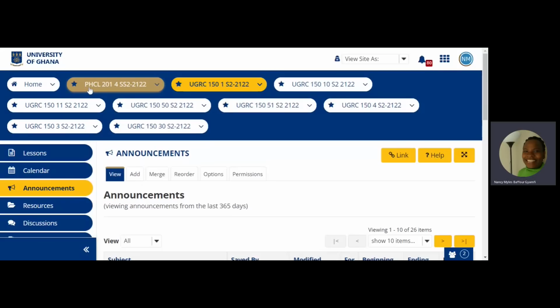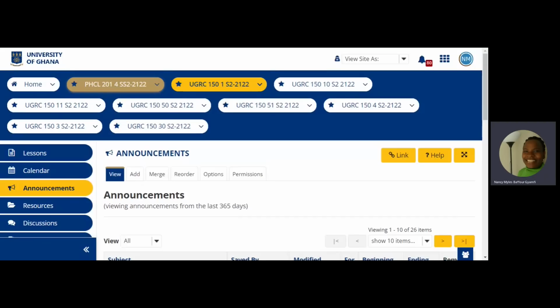Now this means this is a course in Philosophy and Classics. It is level 200 and it is first semester 201. Okay, one means first semester. There is a four here after this course code. The four here indicates city campus.